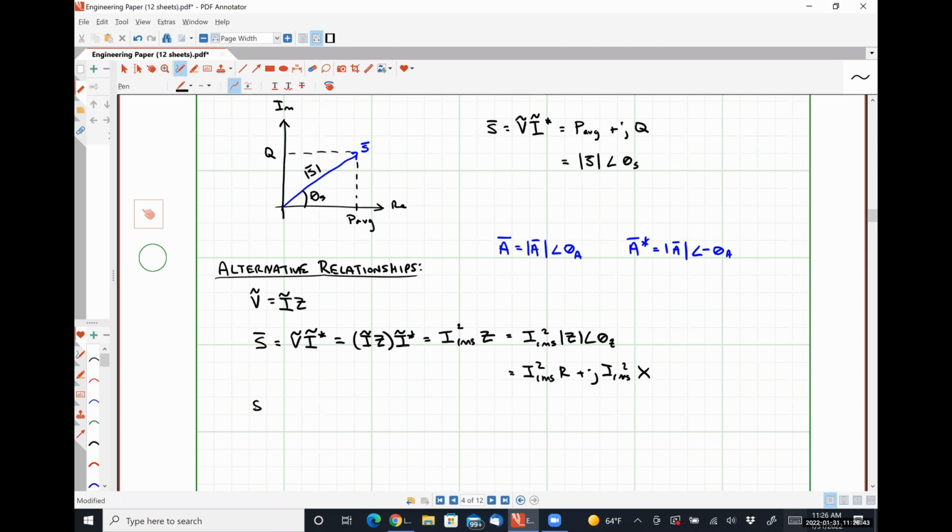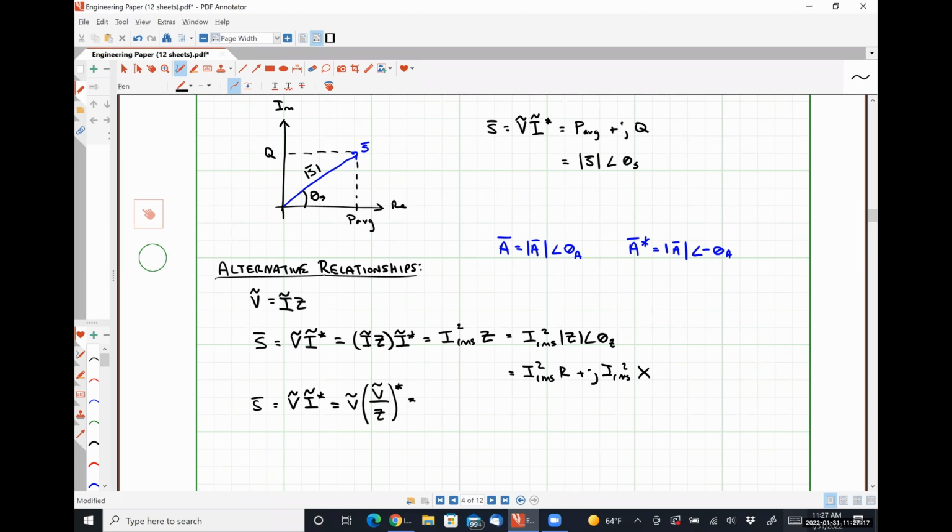Similarly, I can say that S is equal to V times I conjugate, which is the same as V times V over Z conjugate. When I conjugate a fraction, this is the same as V conjugate over Z conjugate, so I need to conjugate both the numerator and the denominator.